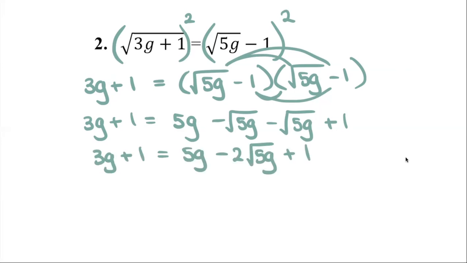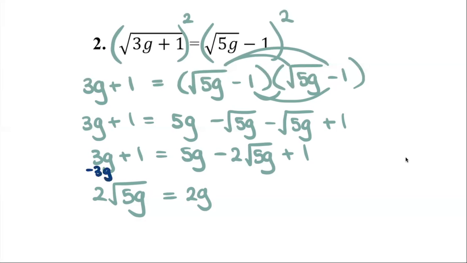So I'm going to combine those. Let me go ahead and add that to the other side. So I get positive 2 rad 5g. And I'm going to subtract the 3g. So I have 5g minus 3g, giving me 2g. And then I'm going to subtract 1.